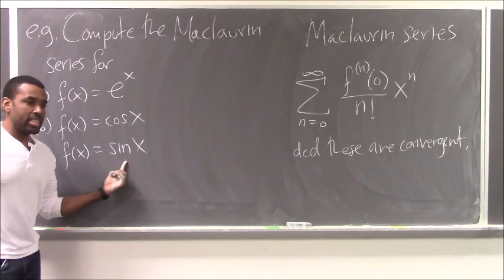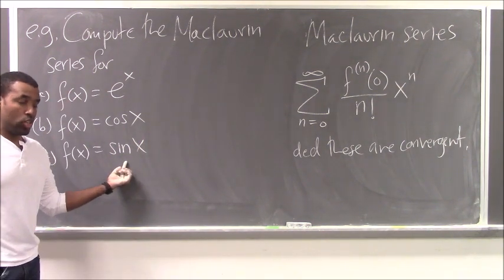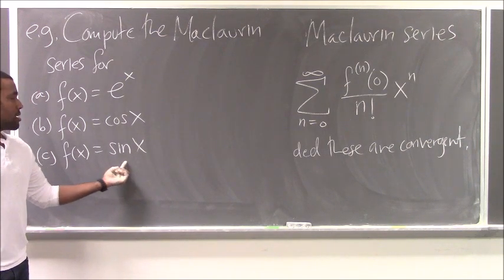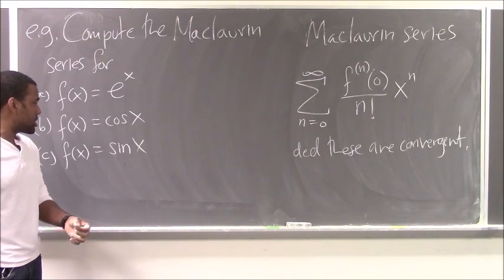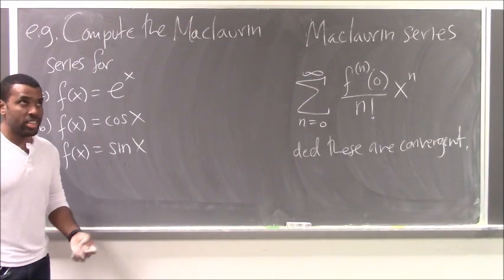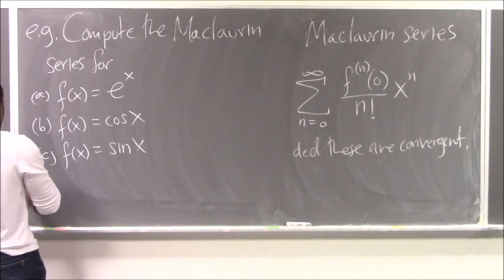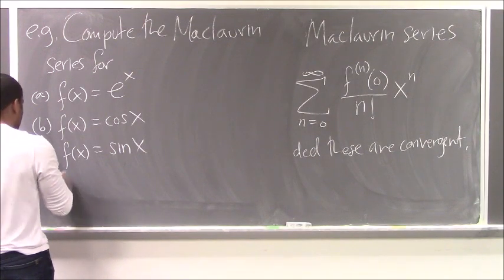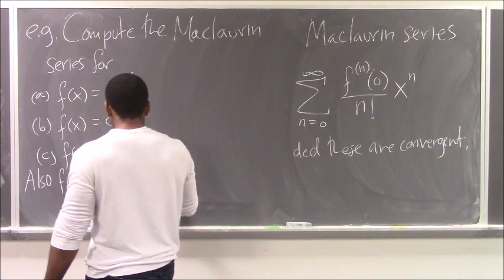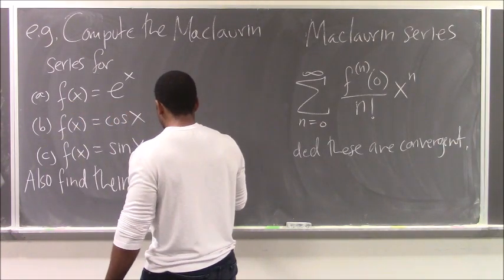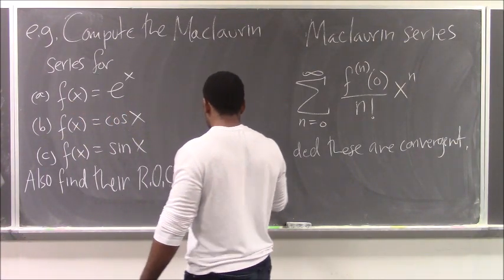Earlier I mentioned an example of integrating sine of x cubed. The idea being, if I can represent sine of x as a series, that integral is actually not going to be so bad, even though it's literally impossible to do by hand. Also find their radius of convergence and their interval of convergence.